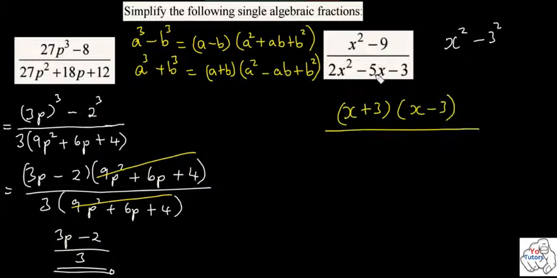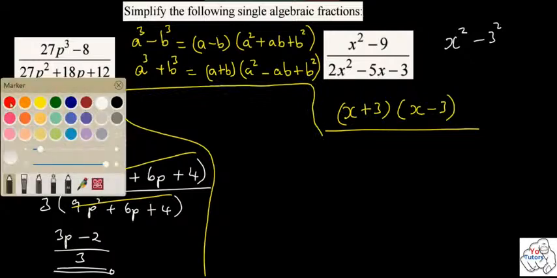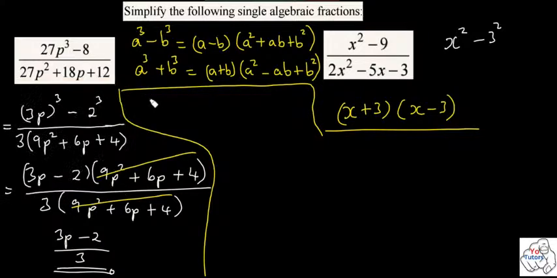Now, with this one as a denominator, we need to factorize it. And how do you factorize it? I've indicated how to factorize this kind of expression. You can do it separately: we have 2x squared minus 5x minus 3.